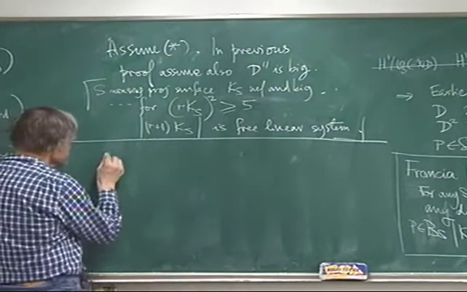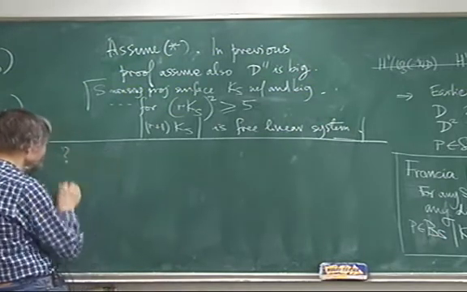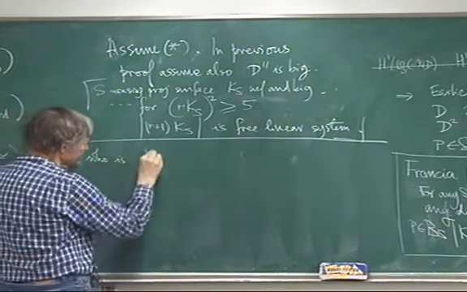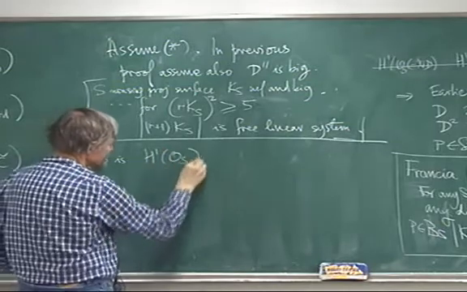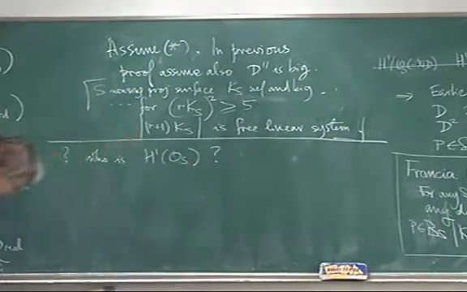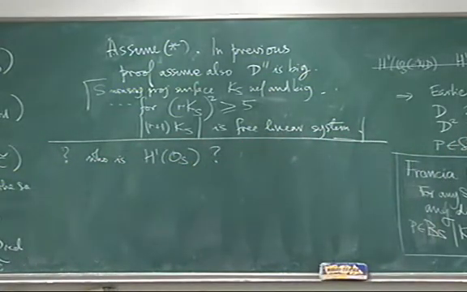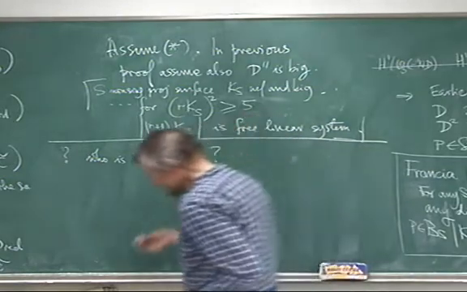So we ask the question, this is a philosophical question, who is H1 OS? It's a coherent cohomology group, but if you say, I'm only going to work in coherent cohomology, then you're not going to make progress.